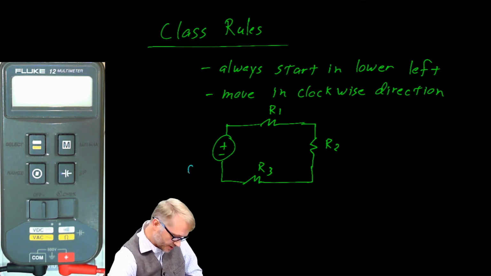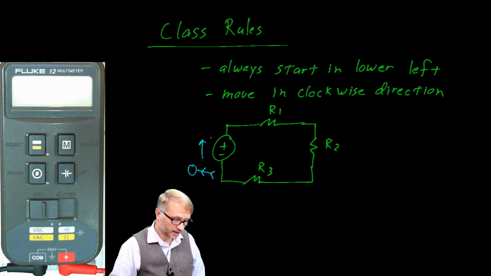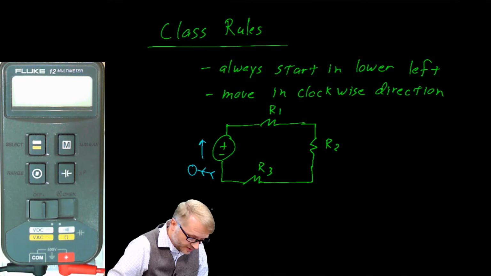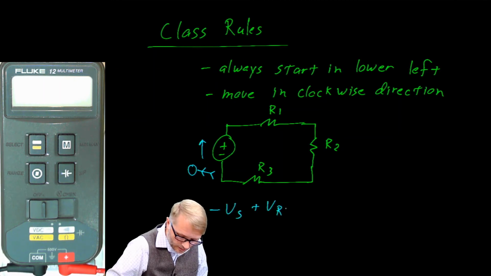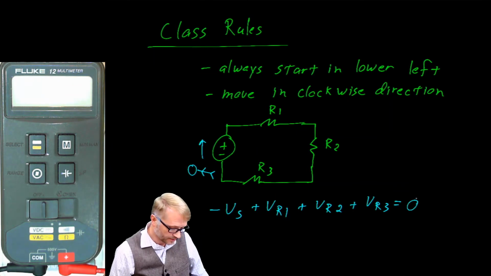We start our journey here in the lower left-hand corner, and we travel in a clockwise direction. We're entering on a negative terminal, so we say negative VS plus VR1 plus VR2 plus VR3 is equal to 0.